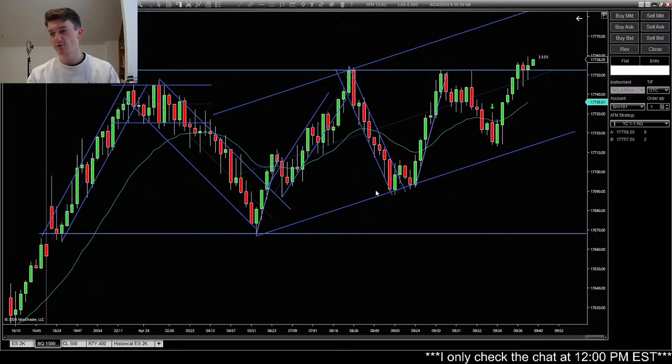I think it's odd this downtrend doesn't play out. I feel like this one really should have been able to play out. So that's why I'm trying out this uptrend here.